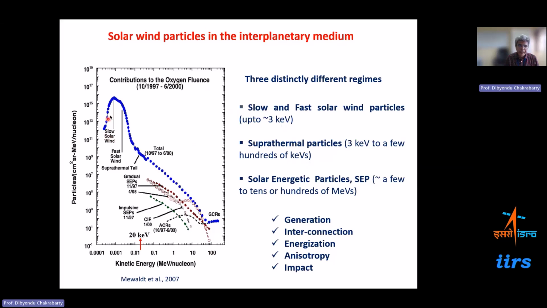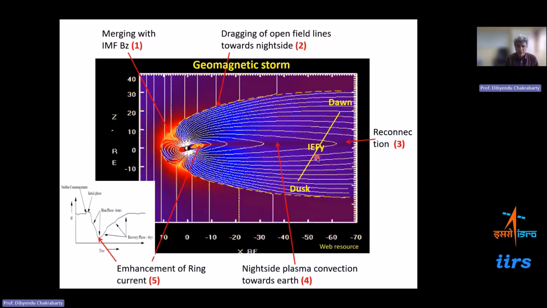And if you go to still higher energy, you have solar energetic particles, or SEPs. Now these particles, one feeds the other, and it is important to know about the origin and acceleration or energization of these particles so that we can understand their impact on the terrestrial upper atmosphere.